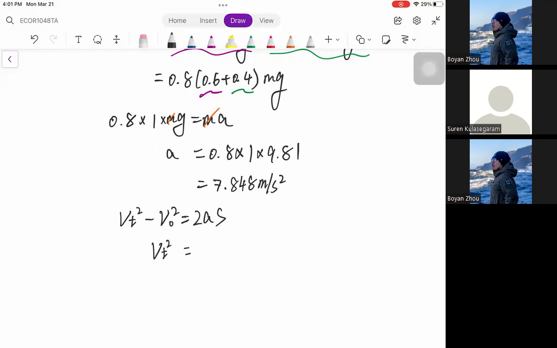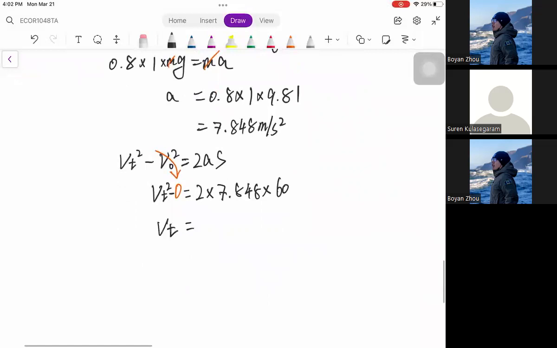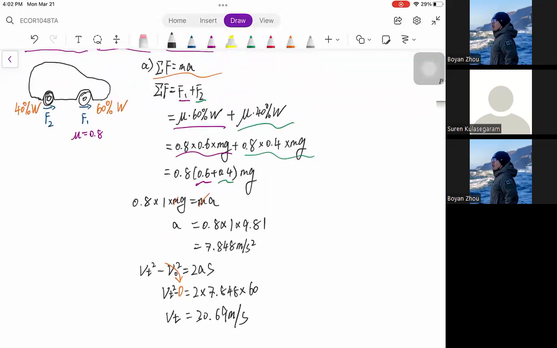The initial velocity is starting from rest, so this one is 0. It equals 2 times the acceleration, 7.848, times s. In the question it says 60 meters, so that is a given value, 60. Then you can use a calculator to find Vt, 30.69 meters per second. Okay, so that is when this car is an all-wheel drive car.